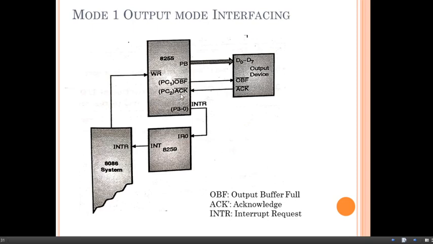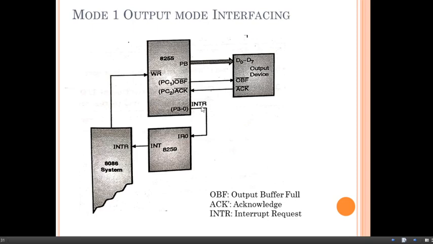This acknowledge signal, as we have seen, is active low and it is generated by the peripheral device for the 8255, in response to the reception of this OBF signal.